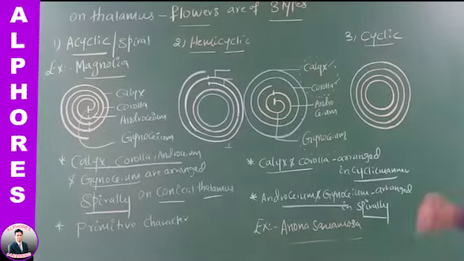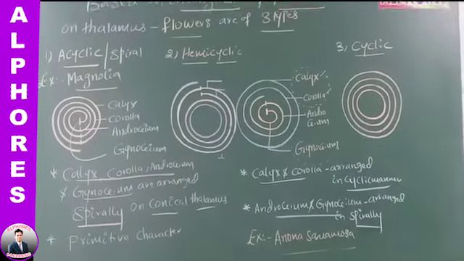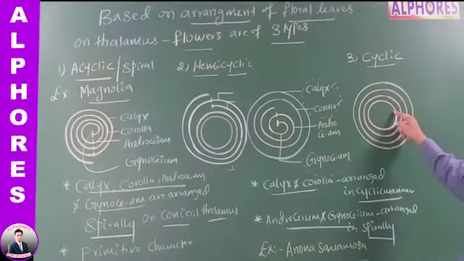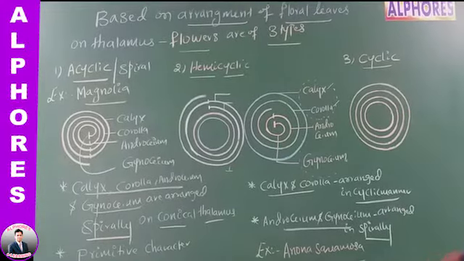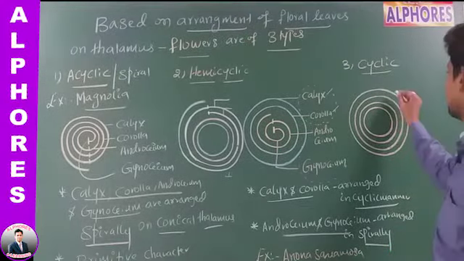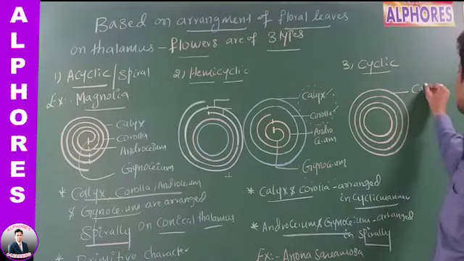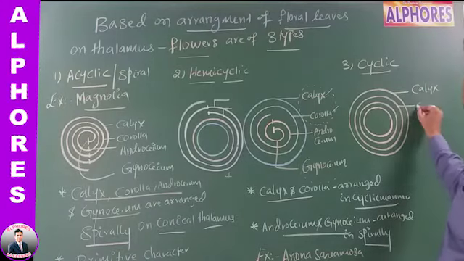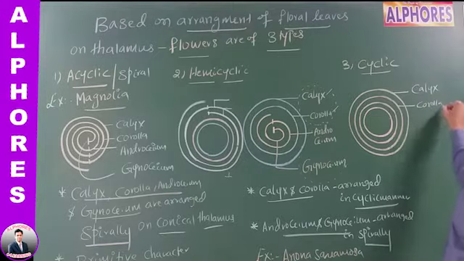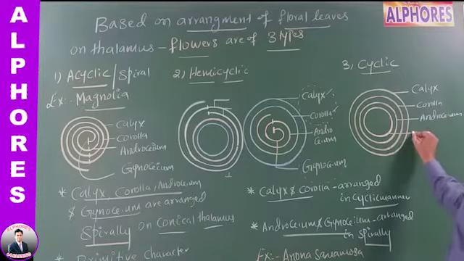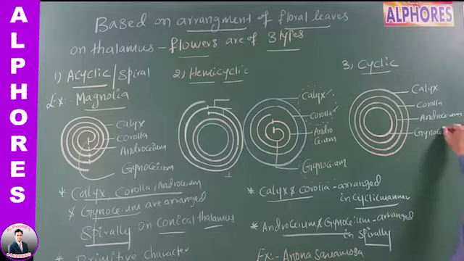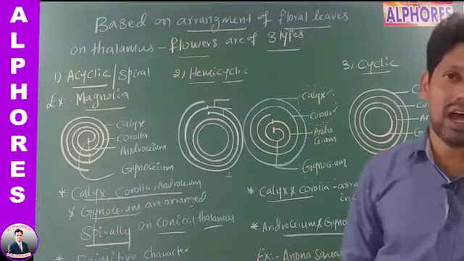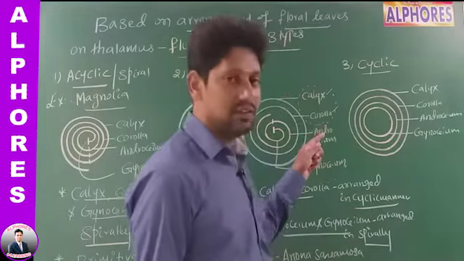Cyclic flowers. See here, calyx, corolla, androecium, gynoecium. These four are arranged in cyclic manner. Yes or no? Calyx, corolla, androecium, and gynoecium, they are arranged in which manner, sir?